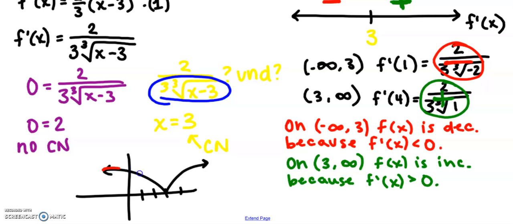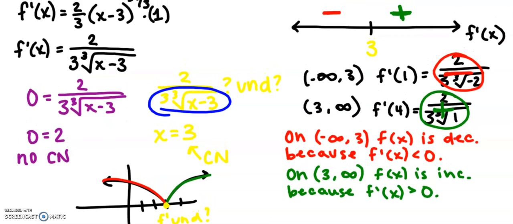So is it true that this part of our function is decreasing, this part of our function is increasing, and at this moment, our f prime is undefined? Why, yes, it is. And that's what our derivative test, using the first derivative, found for us. We found a decreasing interval, we found an increasing interval based on the signs, S-I-G-N-S, of f prime.